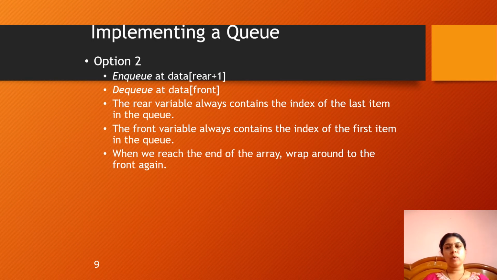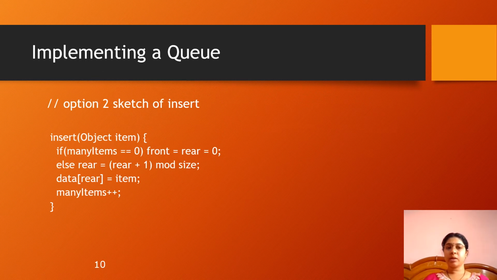We take two variables, one for enqueuing and one for dequeuing. Enqueuing is called the rear end and dequeue is called the front end of our data structure. Whenever we add elements, the rear is incremented by 1, that is rear plus 1. And whenever we delete any item, it decreases, that is minus 1.